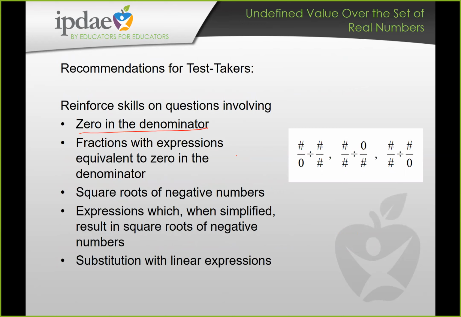So even if I have a fraction right here, let's say 5 over 3 minus 3, that's still undefined because this works out as a 0. Square roots of negative numbers, so the square root of -4, okay, we're trying to avoid that, and it is undefined in the set of real numbers because it's an imaginary number.